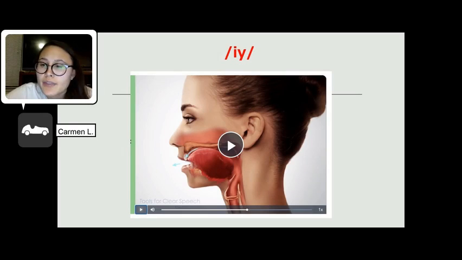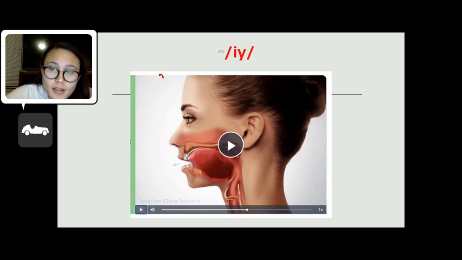Now let's look at the tongue when you say the E sound. So here's a picture of the side of someone's face. Here are the lips, the roof of the mouth.